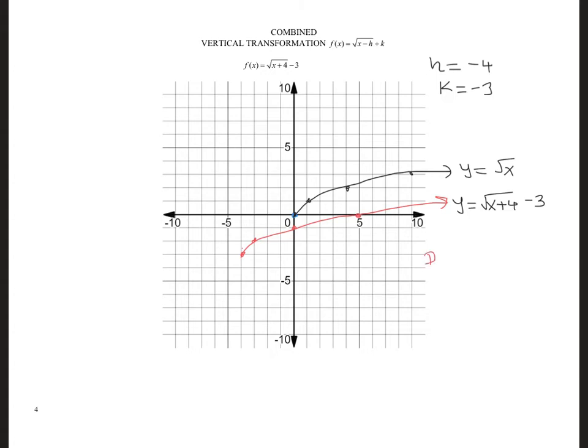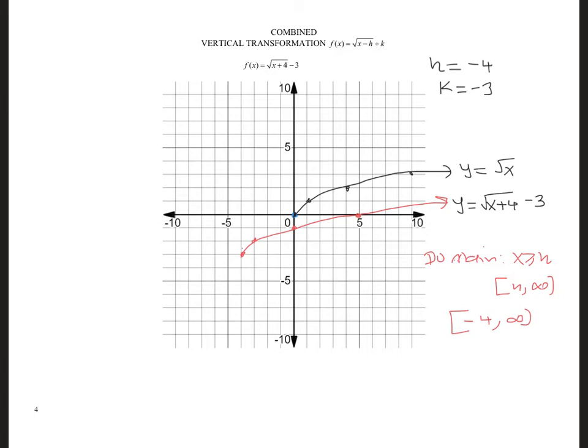So the domain is going to be given by x greater or equal to the h value, or h to infinity. So in this case, the domain is going to be from negative 4 to infinity.